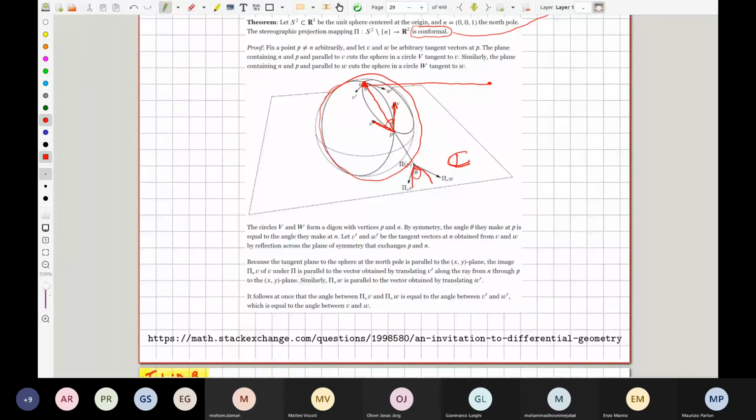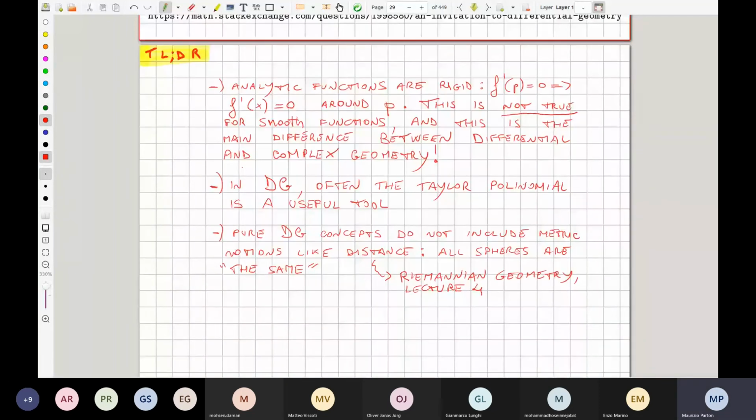But I'm going too slow. So another point in this annotation that I will make available to you, of course, the annotated chapters that we are studying. And at the end of every chapter, I put a "too long, didn't read" section, that means a summary, let's say, of the things that I think are important in that chapter.